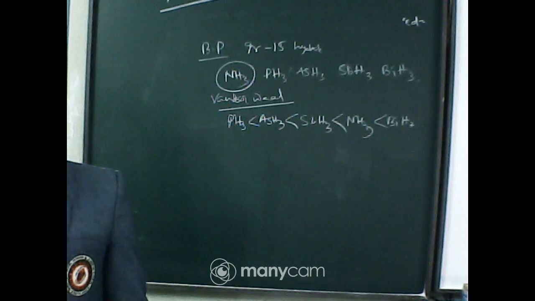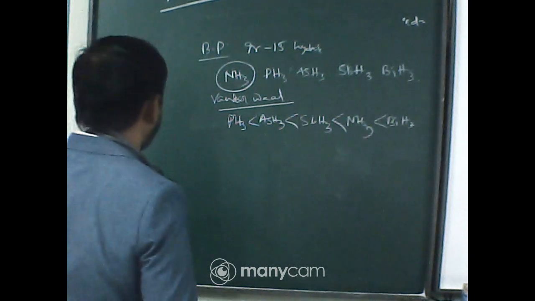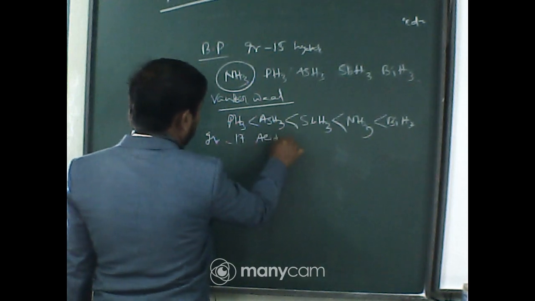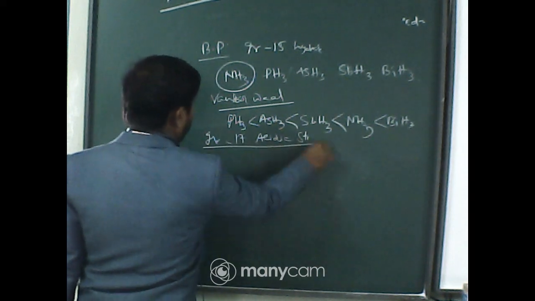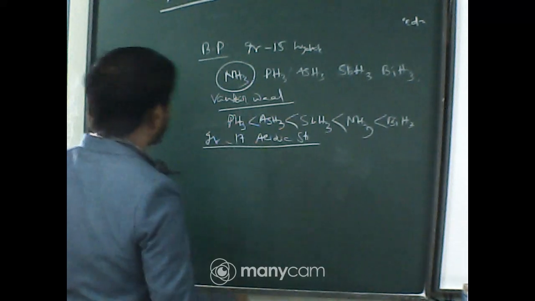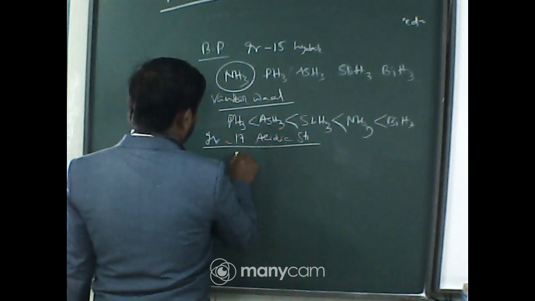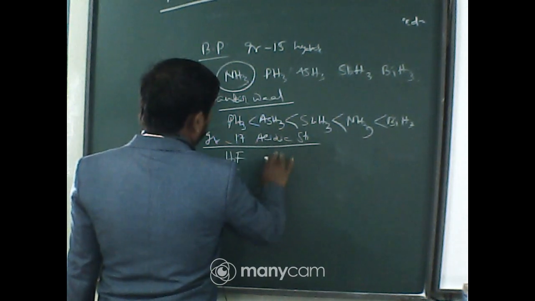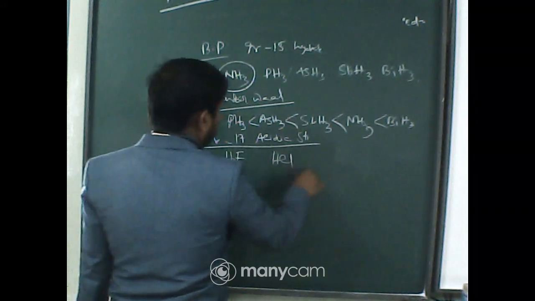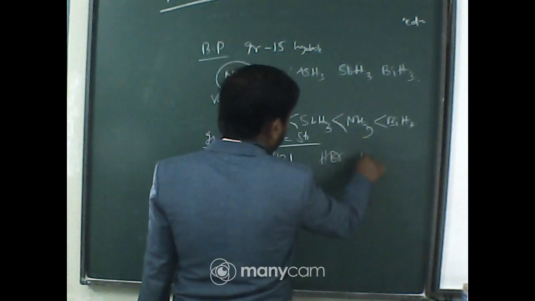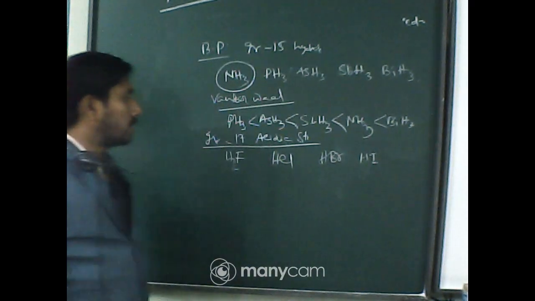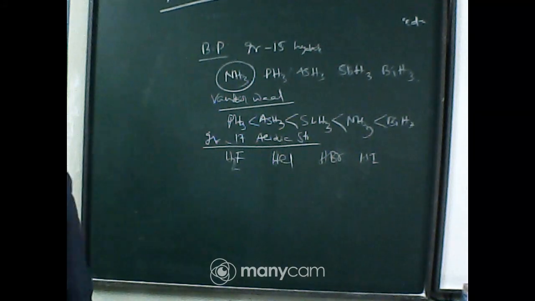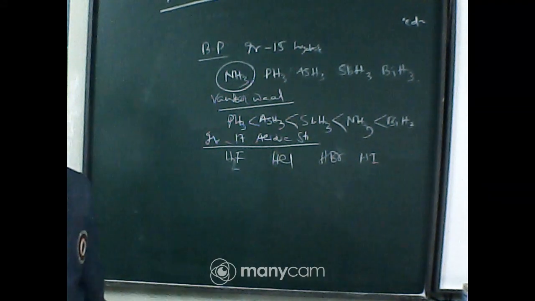Next question is hydrides of group 17, acidic strength. Group 17, that is F, so HF, HCl, HBr, HI. For acidic strength, the order depends on the force of interaction between the particles.